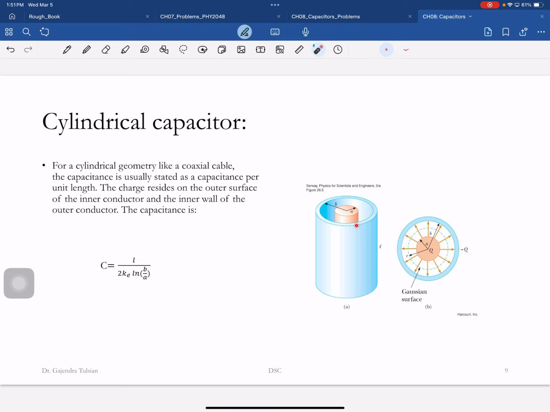A coaxial cable has capacitance associated with it, and for a cable that long it is L times 2 times Coulomb's constant, over the log of b, that's the outer radius, over a, the inner radius, log of b over a. And that's the electric field in this region when it's charged.